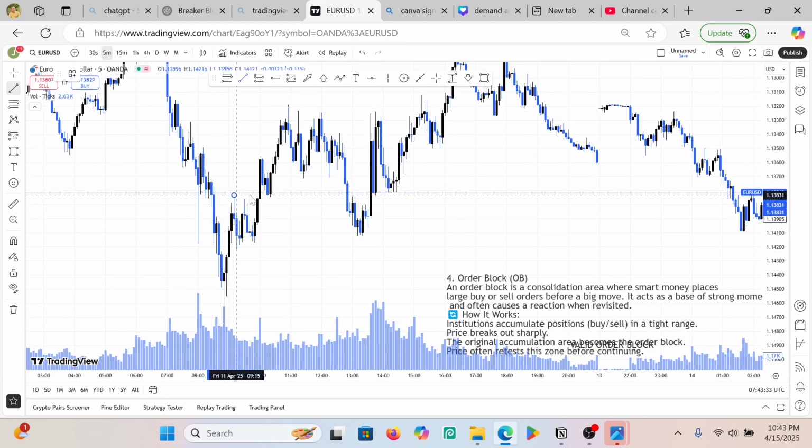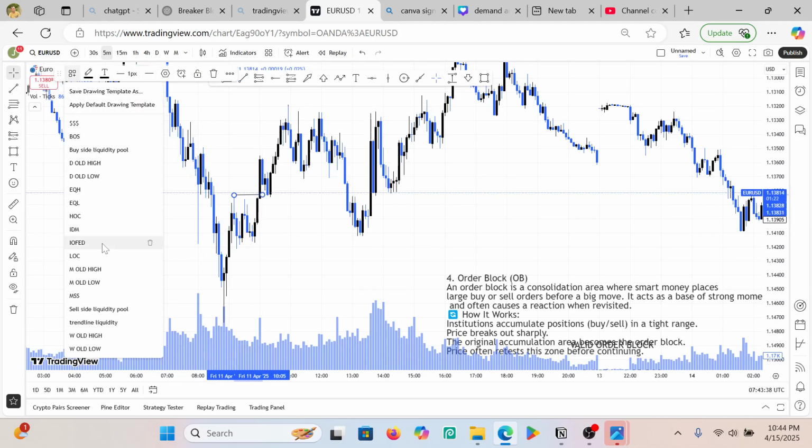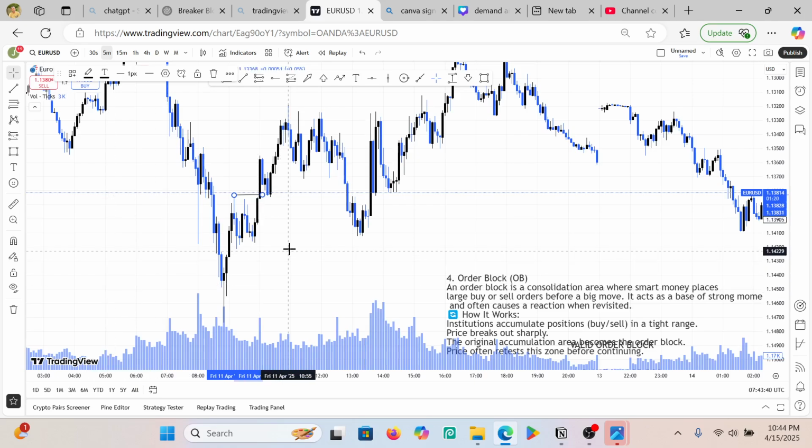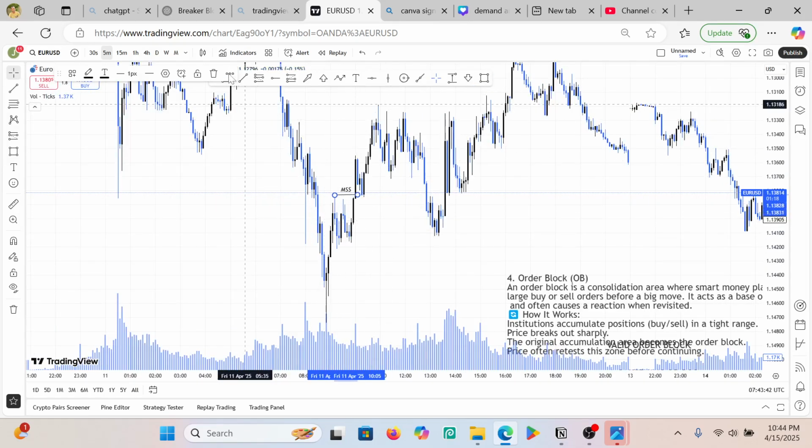There's a market structure shift here. This is a small market structure shift. That's a small market structure shift there.